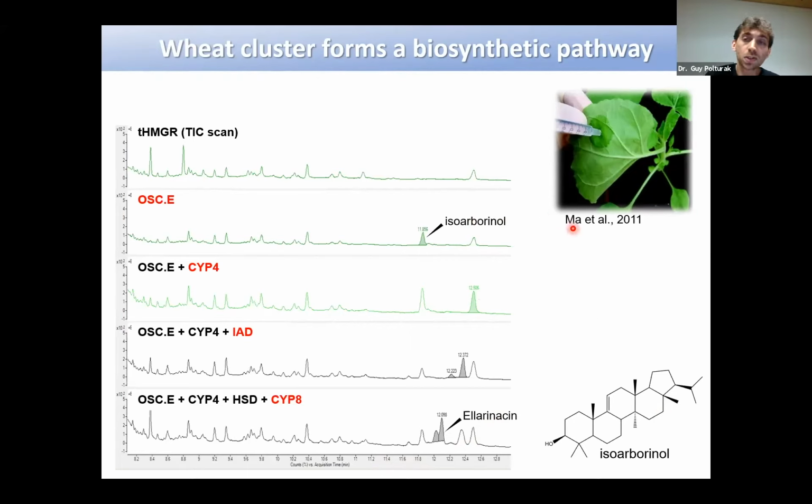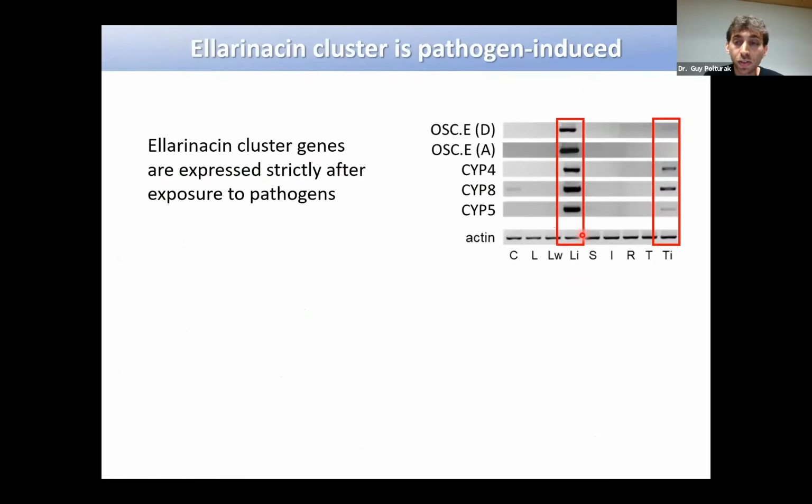So this system allowed us also to produce enough of this compound to be able to purify it and elucidate its structure by NMR analysis. We did that, and we found that this compound is actually a novel compound which was not previously reported in wheat or in other plants. So we then looked further into the cluster, and looking at the expression of the cluster genes, we found that the genes are only expressed after exposure to pathogens, as you can see marked in red here.